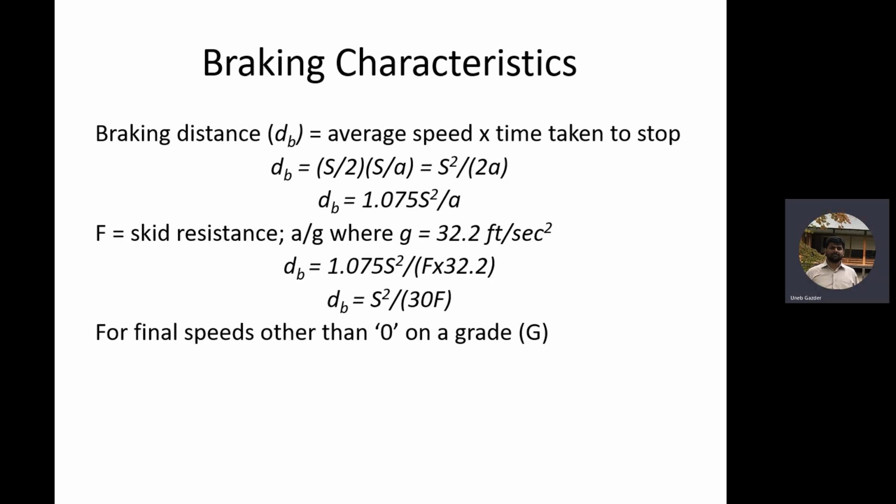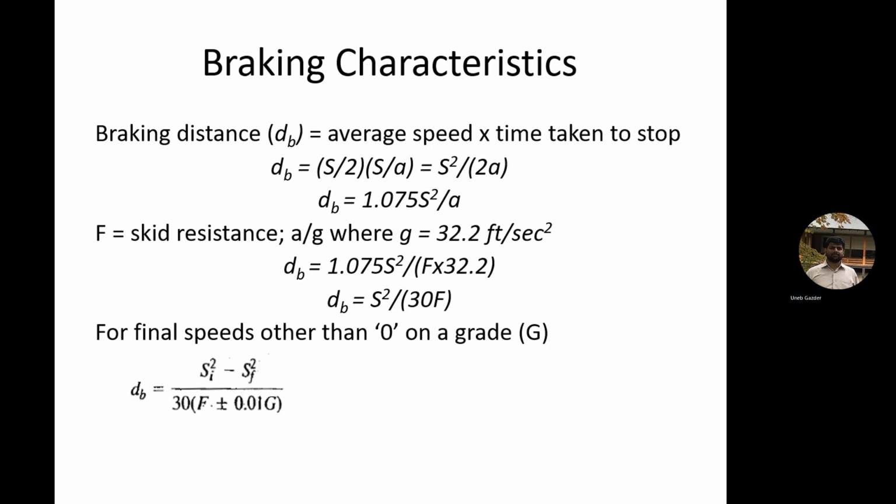If you are going upwards, the braking distance will be shorter, and vice versa. So this is the equation after considering the final speed as well as the effect of gradient. The effect of gradient is basically added with the skid resistance, and the initial speed squared minus 1.